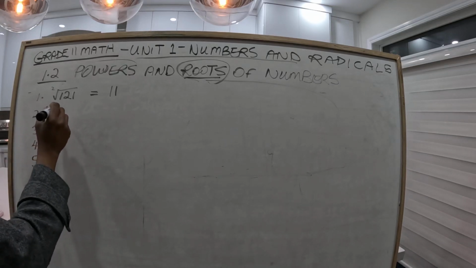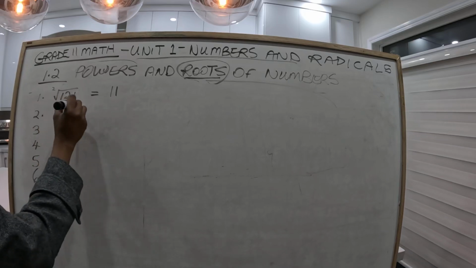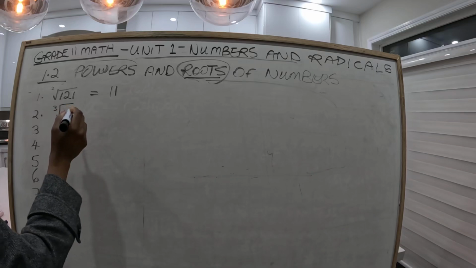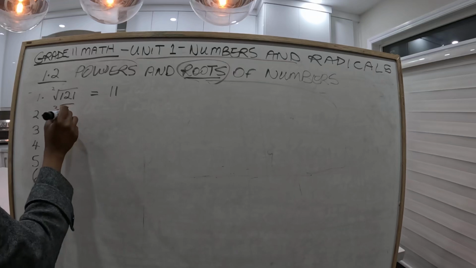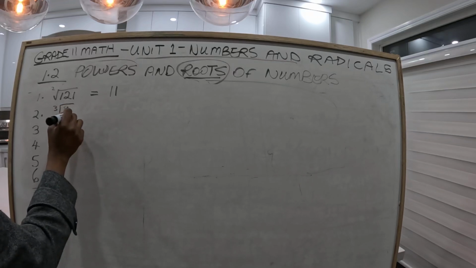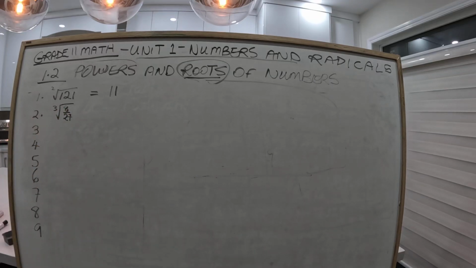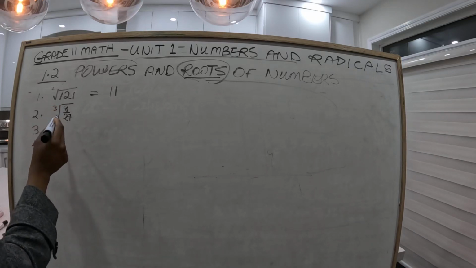Number 2, so we have 3 here. Eight over 27. So what is a cube root of 8?